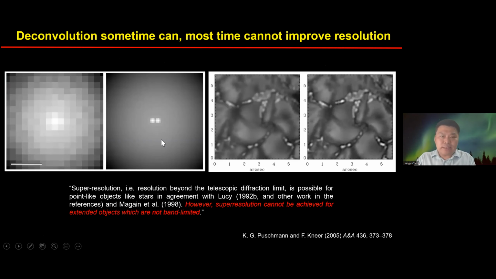Indeed, as shown here, a very close twin star can be resolved with RL deconvolution, even though it is outside the support of the MTF, that is, of the telescope, not a microscope. However, they also showed that for a complicated structure like the sunfly, RL deconvolution does not improve resolution, but just increases contrast.